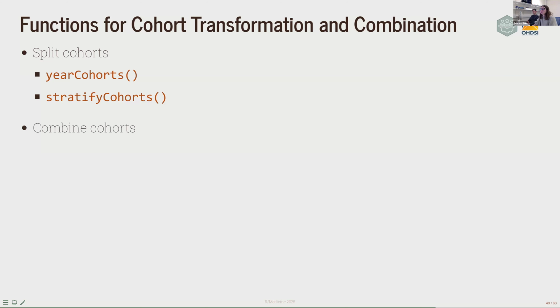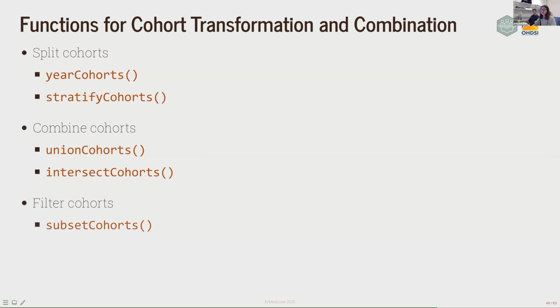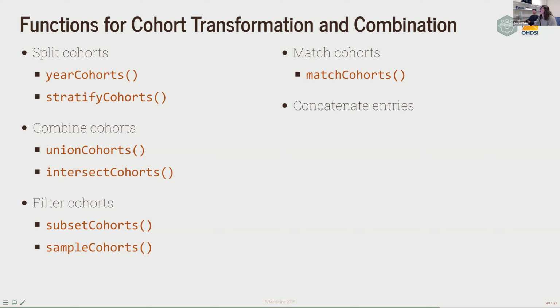Then we have functions to combine cohorts, like you can unionize different cohorts into one, or you can create a new cohort based on the intersection of other cohorts. You can filter to certain IDs, or you can also sample a number of people in the cohort. Then you can create a matched cohort based on age and sex.